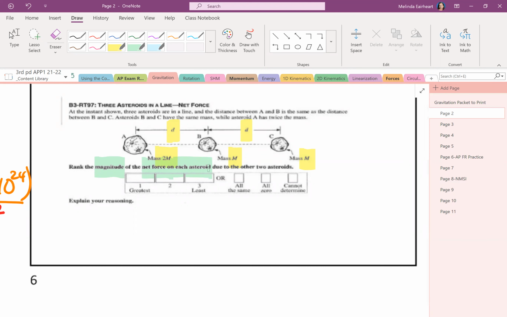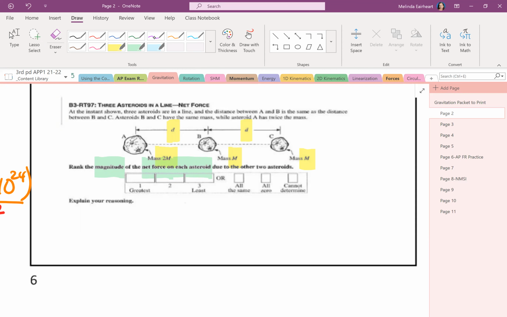Wait, what? Well, let's imagine we are asteroid A. Who are we going to have a gravitational force with? B? Yes or no? Yes. What about with C? Yes. There's going to be two gravitational forces on me, A. Okay. And so this whole thing on a particular asteroid, draw a free body diagram.